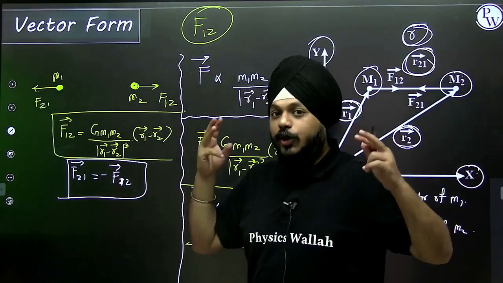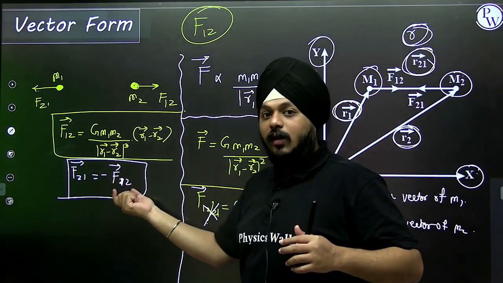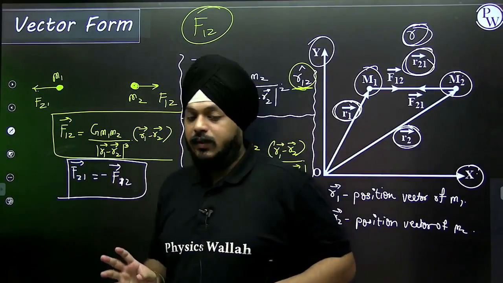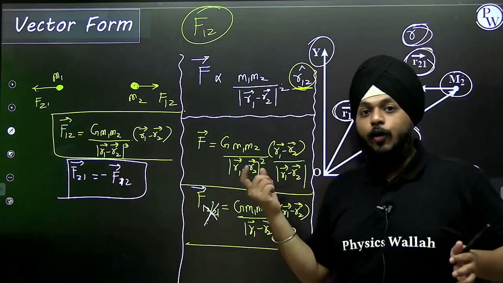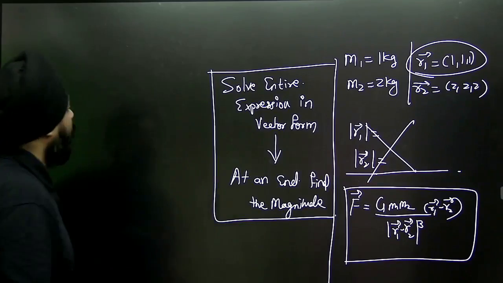And according to Newton's third law, they are both equal in magnitude but opposite in direction. So this was Newton's law in vector form.